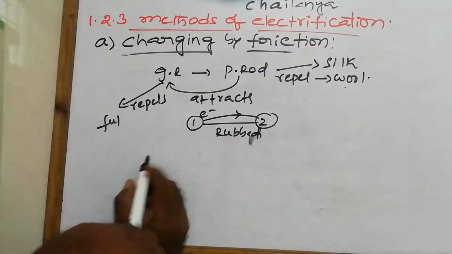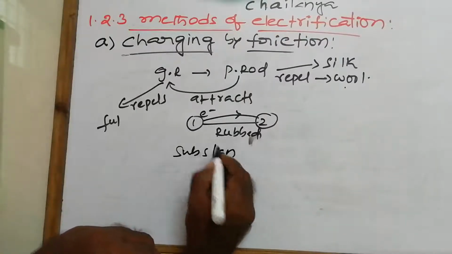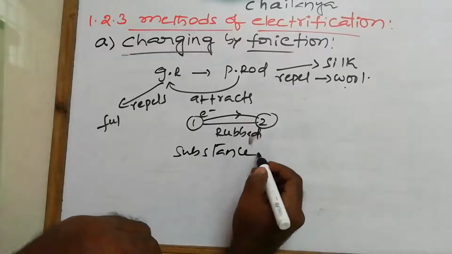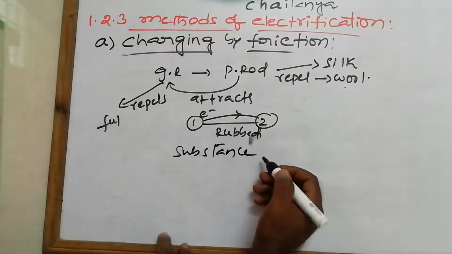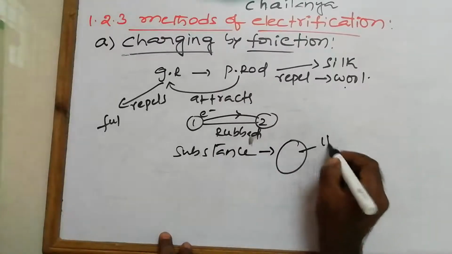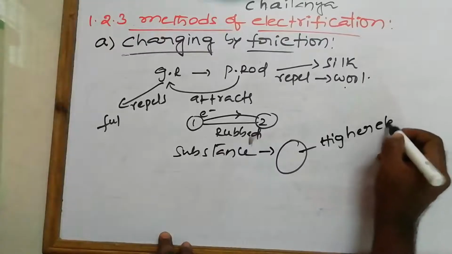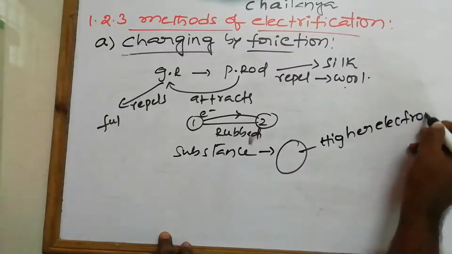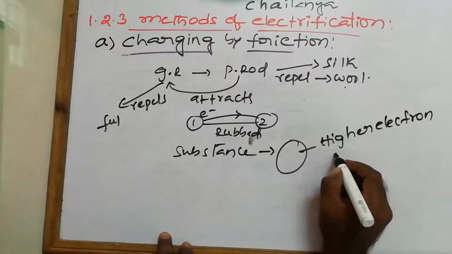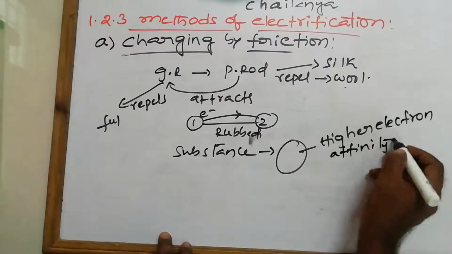Now if we see a substance having higher electron affinity, what does it gain?